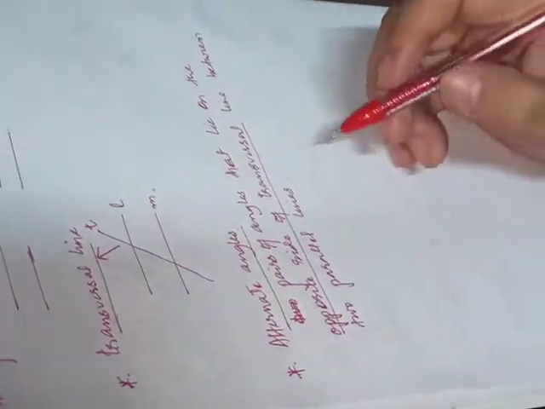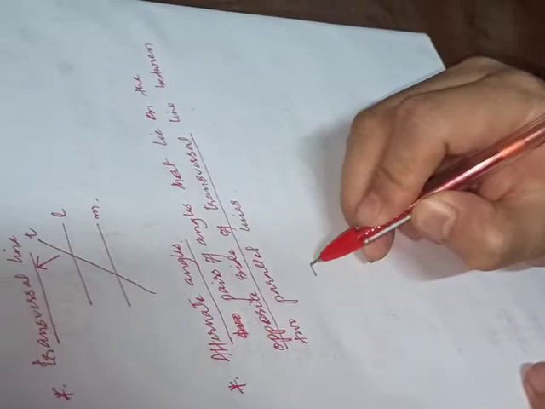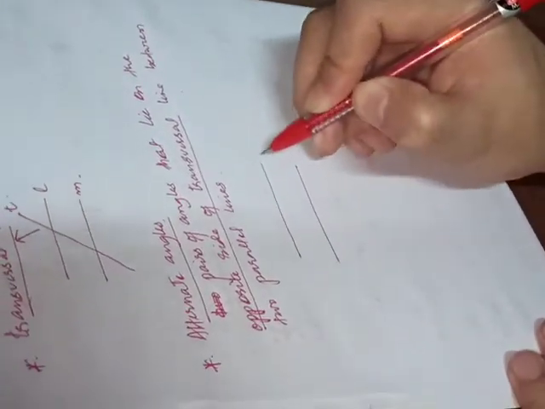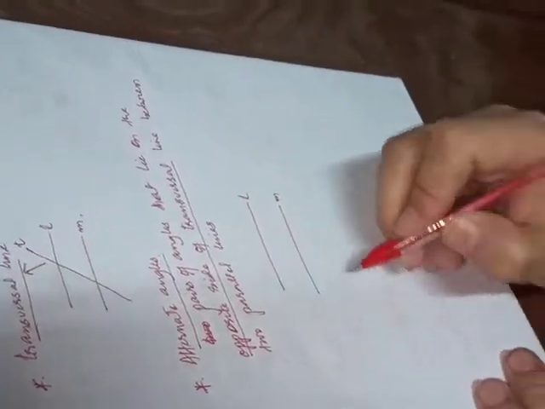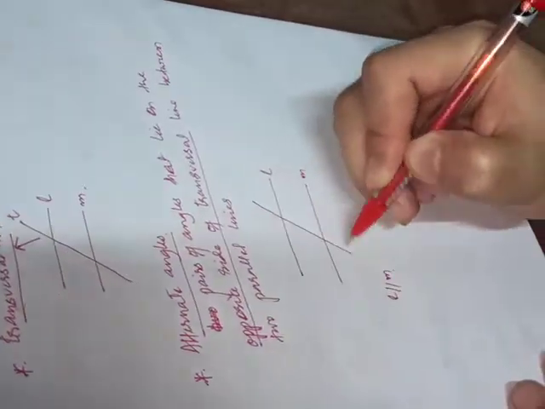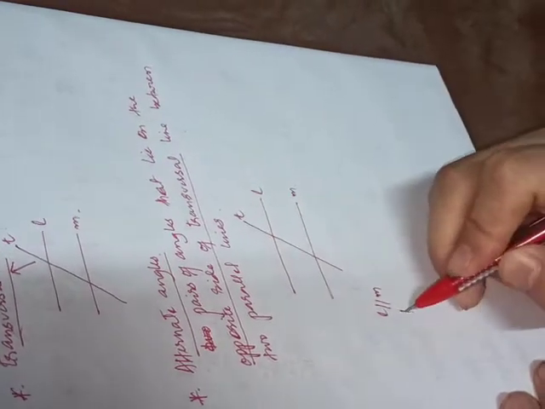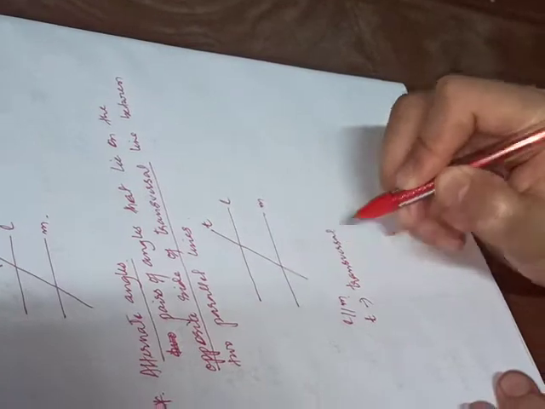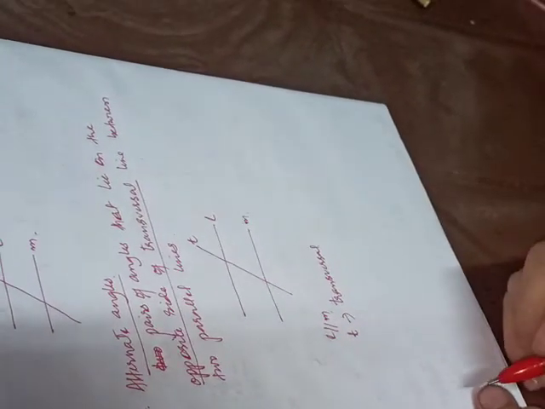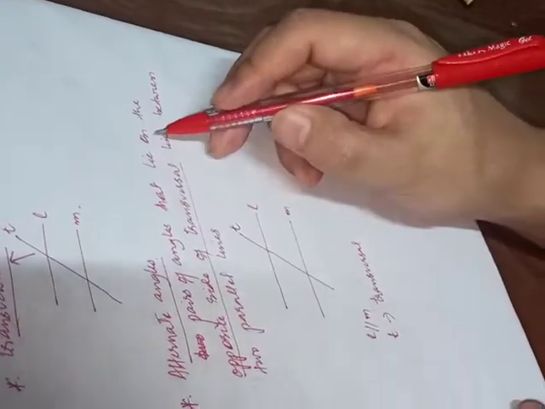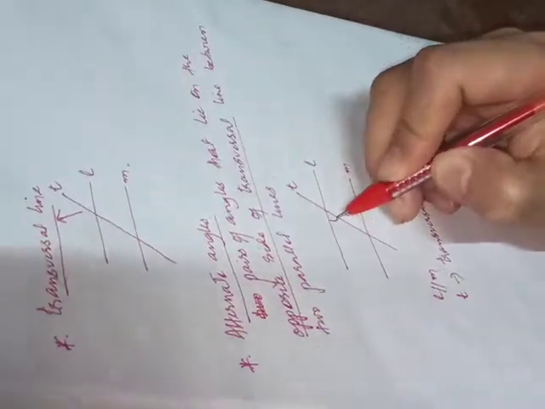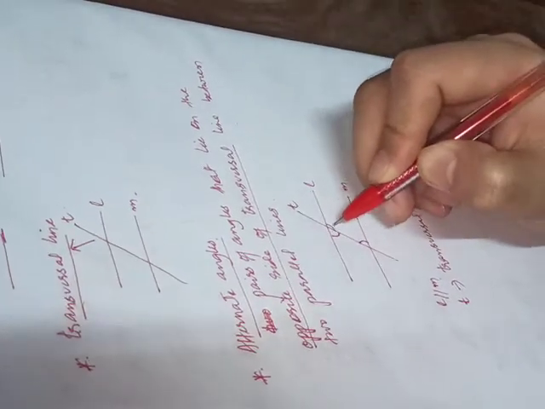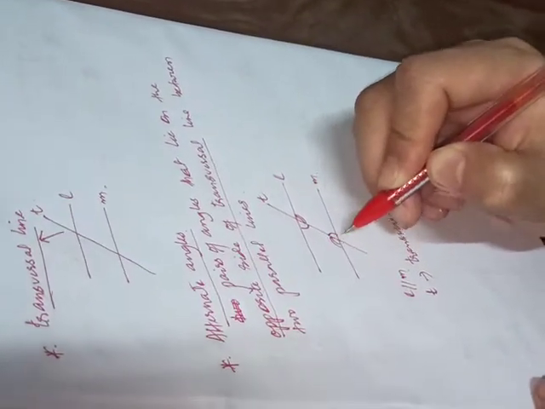So what do I mean by that? Let's talk with an example. Supposing I took lines L and M which are parallel, that is L parallel M, and then I took a line T, and this T will be a transversal line. A pair of angles that lie on the opposite sides of a transversal between two parallel lines, we call alternate angles. It can be this angle and this angle, and then again this angle and this angle.